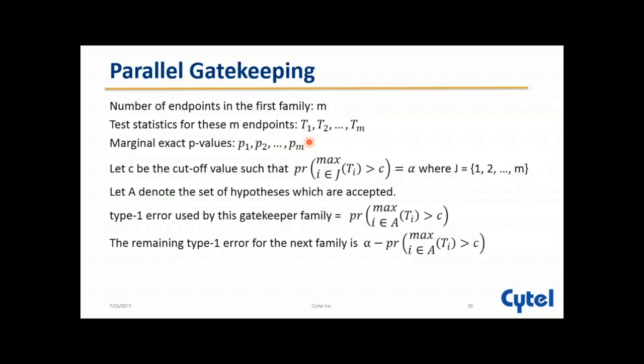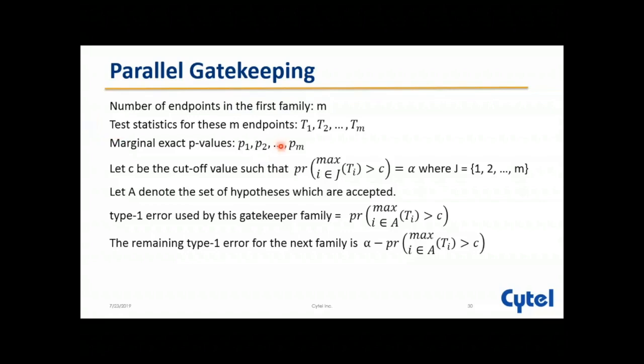Next we are saying at least one endpoint should be significant. So we are not saying all of them should be significant. At least one endpoint should be significant. That means one of these p-values, you can say minimum of them should be significant. So minimum of the p-values means the maximum of the test statistic.